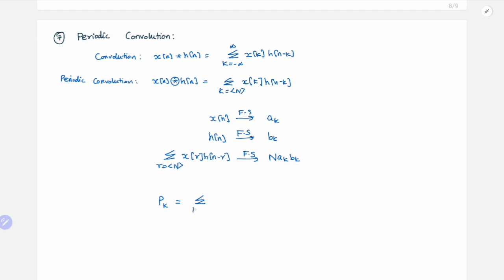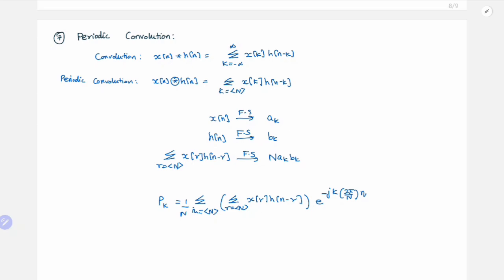I'll have summation k equal to k over a period of N, or in other words, 1 by N, n equal to N, and I'll have this term, summation r equal to N, x of r, h of n minus r, this into e power minus j k into 2 pi over N into n.